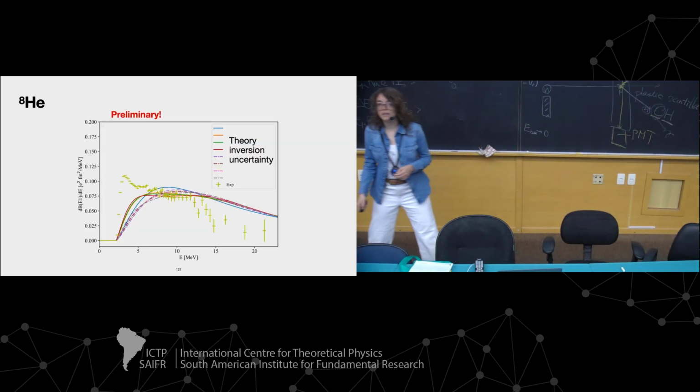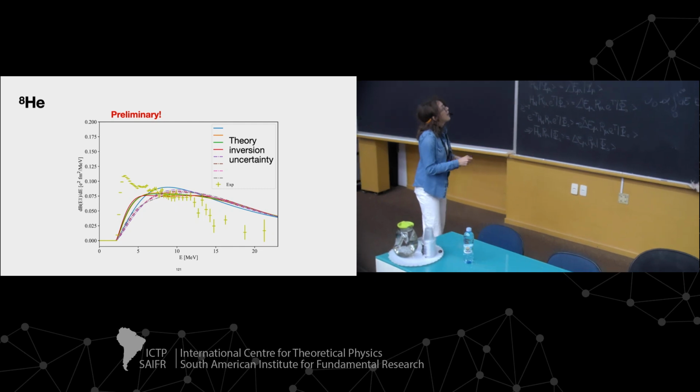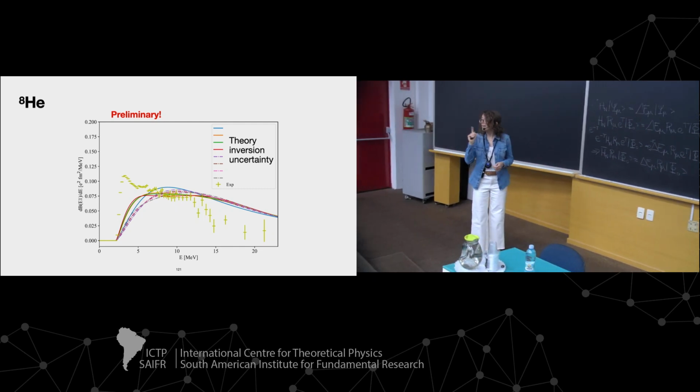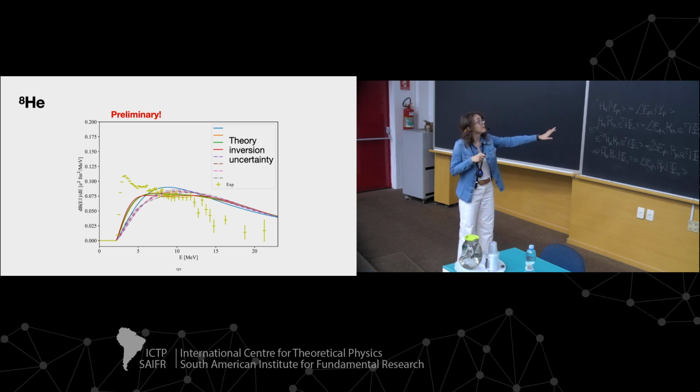This is very preliminary, but I'm showing you also the quantity that Nakamura-san was showing before, the dB1/dE. The experimental data corresponding to the ones you saw for the polarizability are plotted in yellow. The bunch of colored curves is a measure of our uncertainty when we get the response.